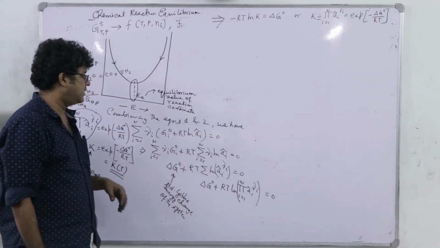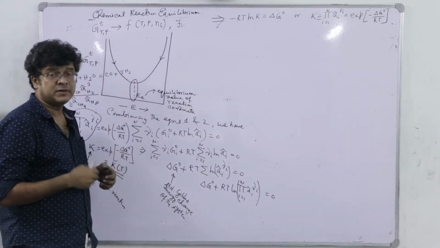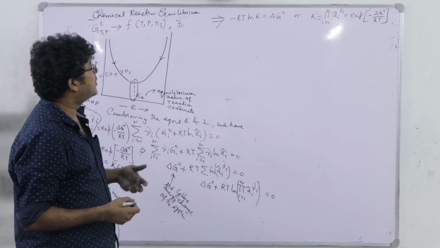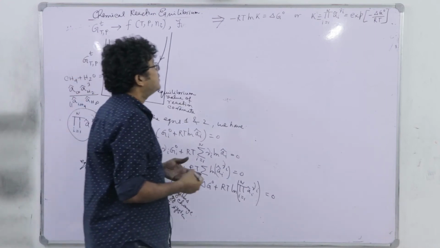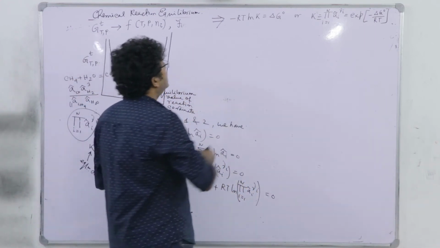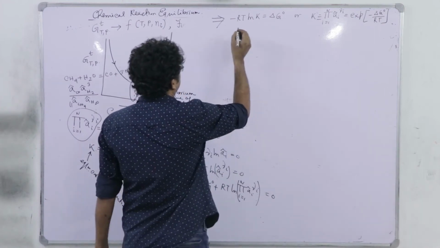let us check what the exact temperature dependence is, if it is being asked, how K changes with temperature. That we all know as the Van 't Hoff isochore, but we are going to formally prove it.